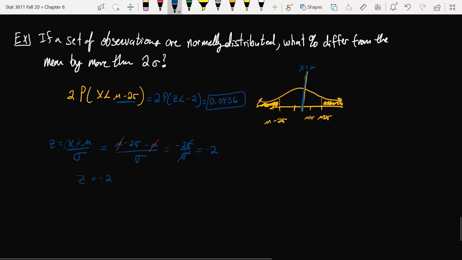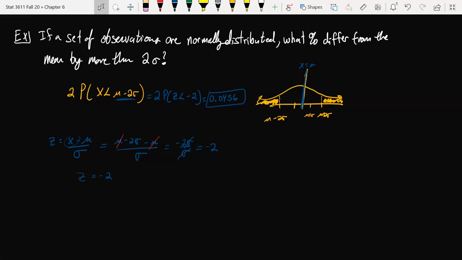So the takeaway I want us to think about is in regards to being away from the mean. When you're asking about standard deviations, it doesn't matter what the spread is or what the actual standard deviation is, because your difference is relative already to how spread out you are.